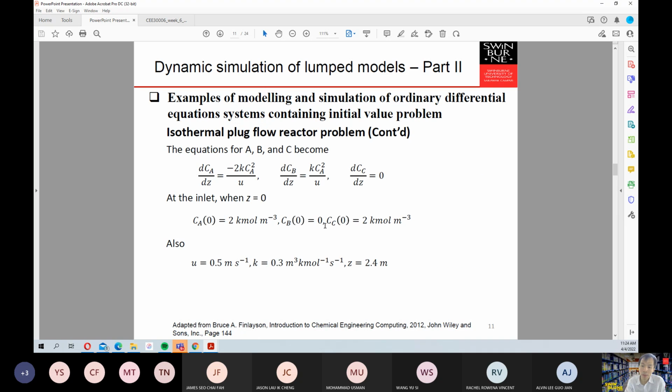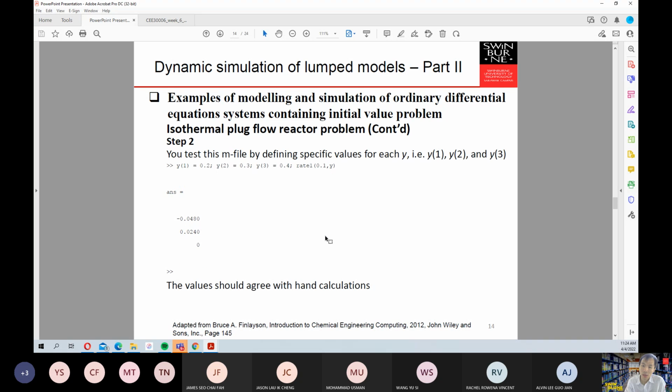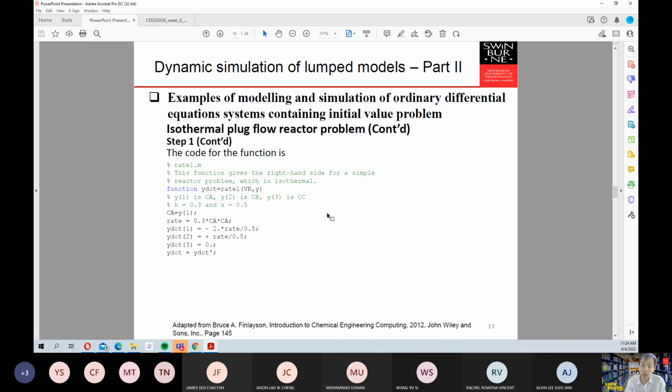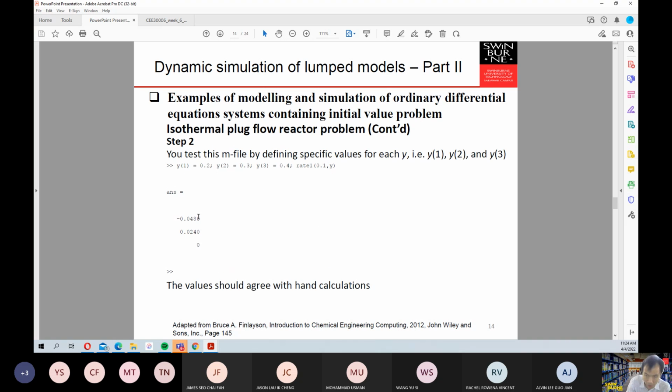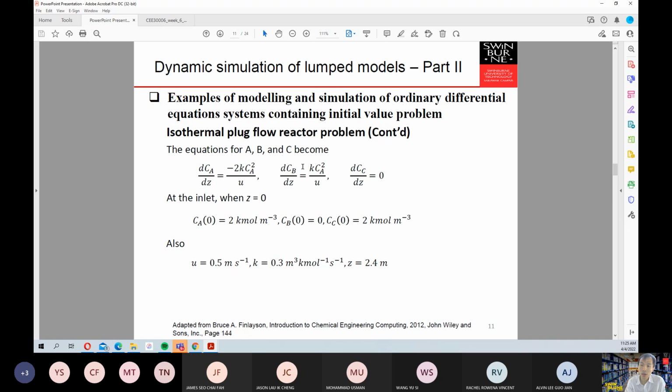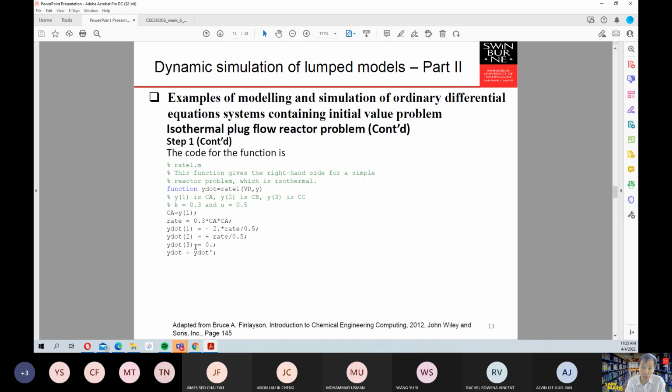When you use the K of 0.3, your CA is 0.2. If you put in the value of the CA 0.2 in here with the K of 0.3 and the velocity of 0.5, you should get this particular value in here for this term. For the second term, it should be this one, and for the third term should be 0, right?